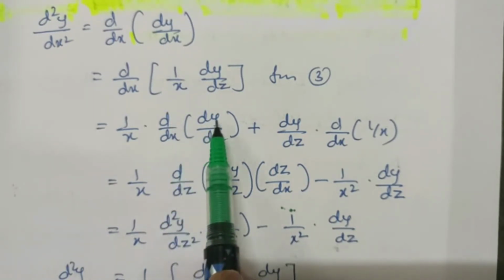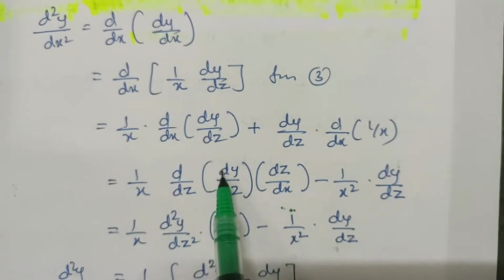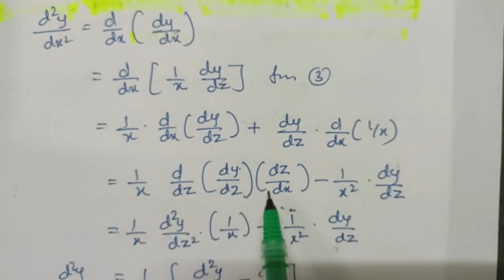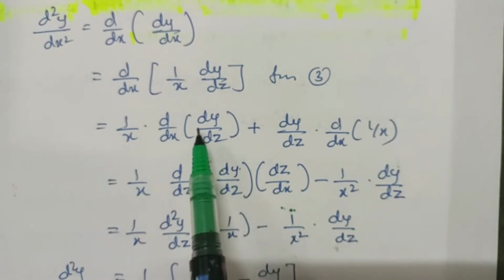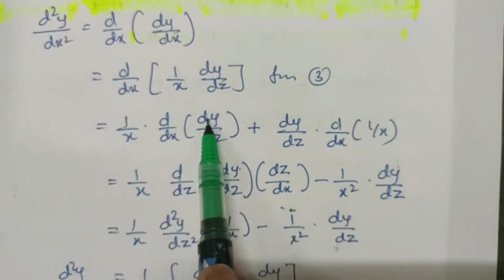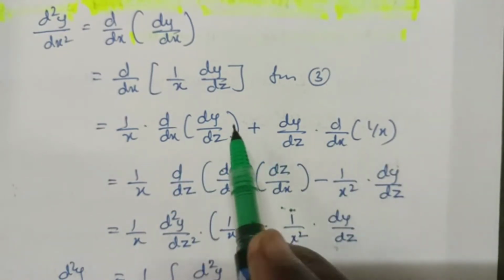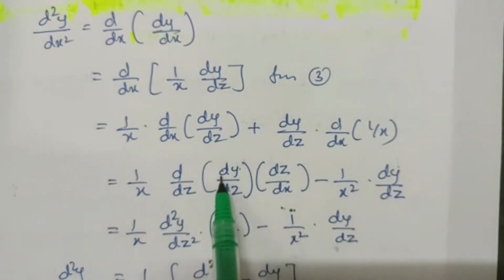And we know dy by dx can be taken as dy by dz into dz by dx. Again dz gets cancelled, it is dy by dx. So d by dz of dy by dx, and this dy by dx is dy by dz into dz by dx; again these two get cancelled.